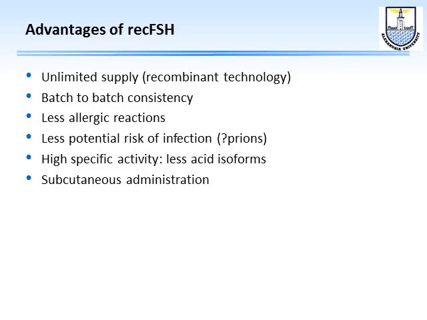There is less potential risk of infection, meaning that if you prepare your preparation from urine, you always risk having prions. What we should say here is that no case of prions, which produce, for example, mad cow's disease, Creutzfeldt-Jakob disease, has been reported so far while using human menopausal gonadotropin, HMG.